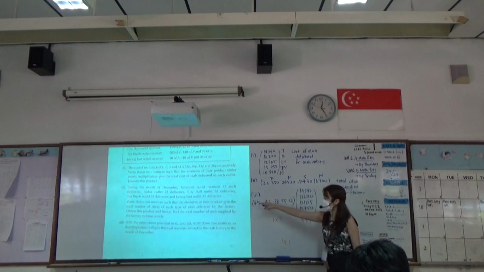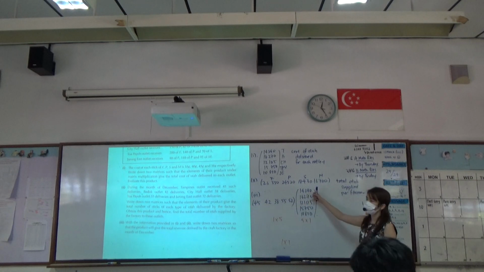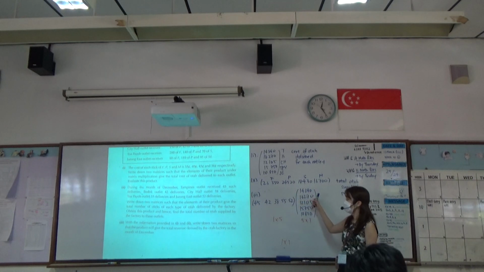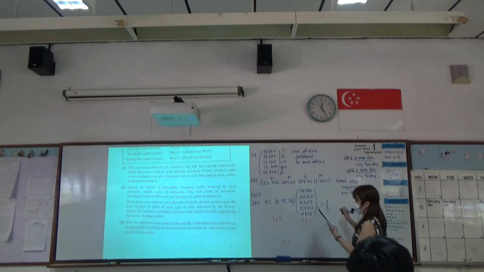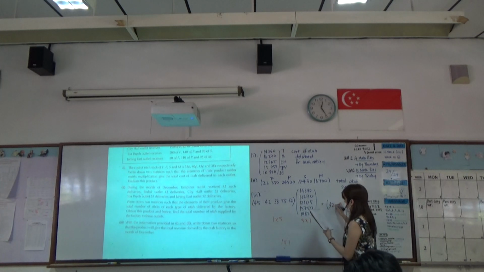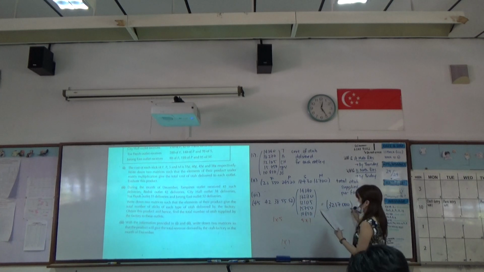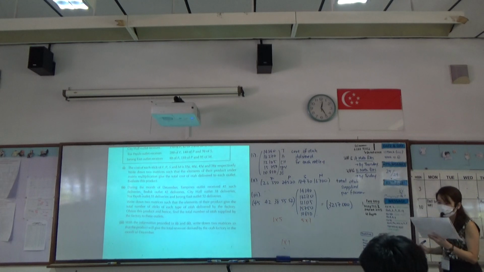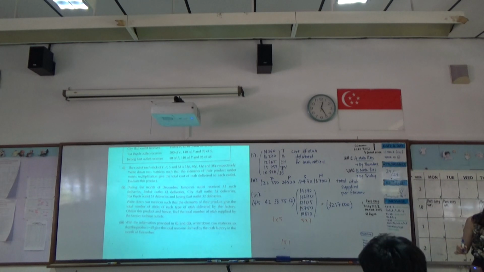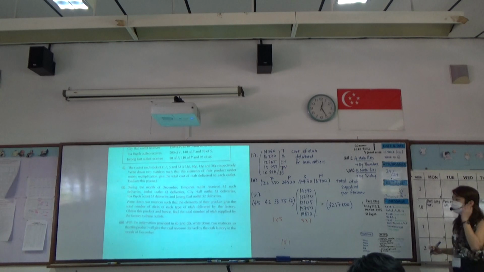So that I'm actually doing 45 times this plus 42 times this and so on. And doing that calculation, I will be getting 3217000.